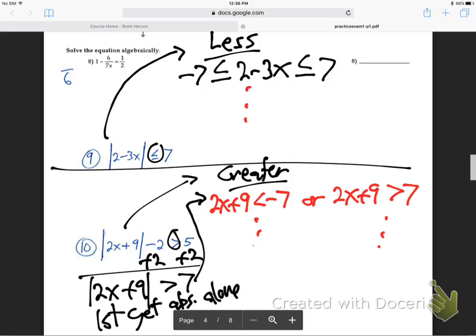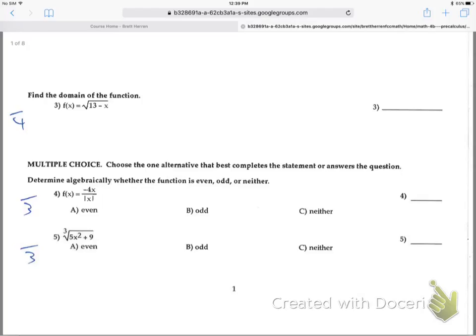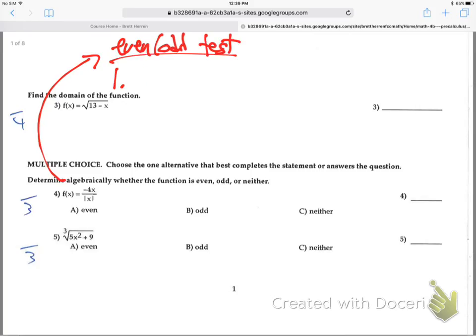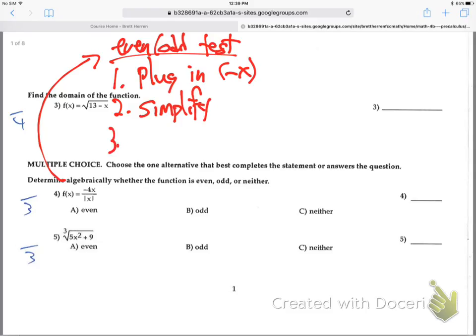Let's look at part 2 for just a moment. Do you remember the even-odd thing? For the even-odd test, what I said is three steps. Number 1, plug in negative x. Step 2, simplify. Step 3, compare. And I gave 3 cases.